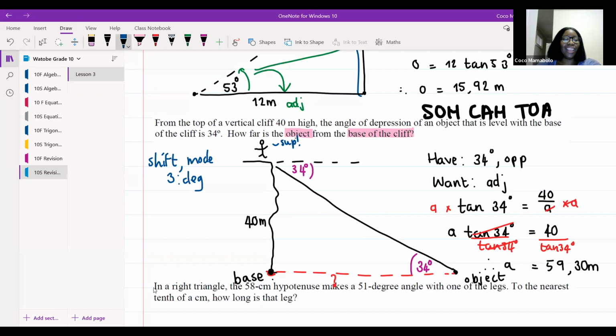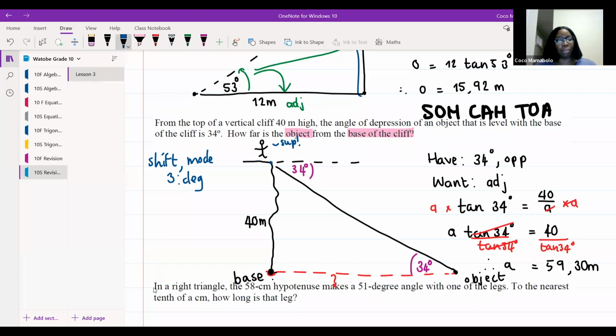All right, Gift, we need to be very careful. Just have a look at the question and what it says. It says that we want how far the object is from the base of the cliff, which would be the bottom of my cliff. If it had asked what the distance is from the object to the top of my cliff, yes, 100% you guys would have used sine in this case, right?